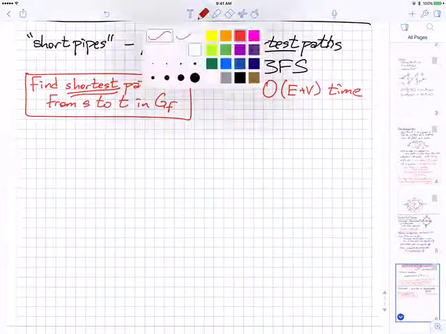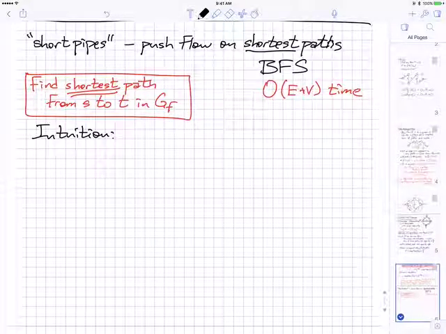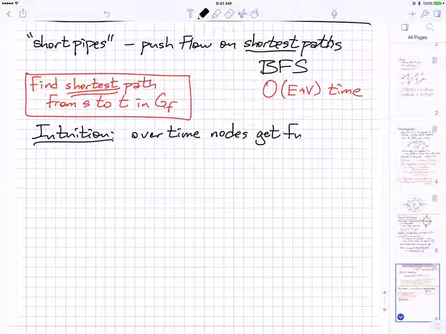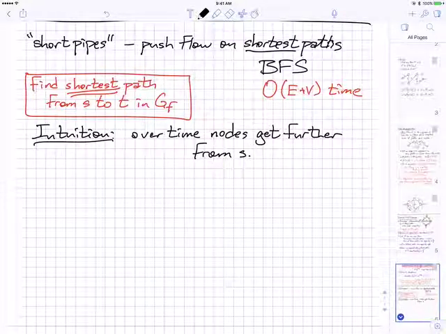Okay. So the basic intuition is that over time, nodes in the graph get further away from the source. If you remember the Bellman-Ford shortest path algorithm, one of the ways of describing it was: look at every edge in the graph, and if it happens to be tense, relax it.